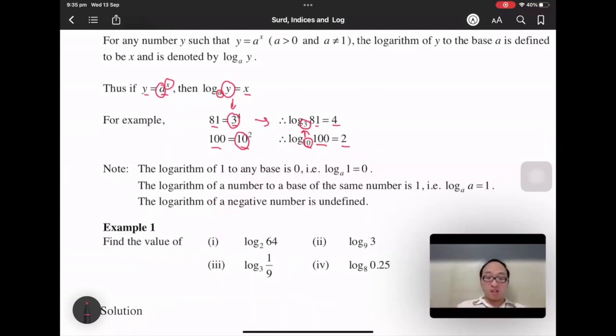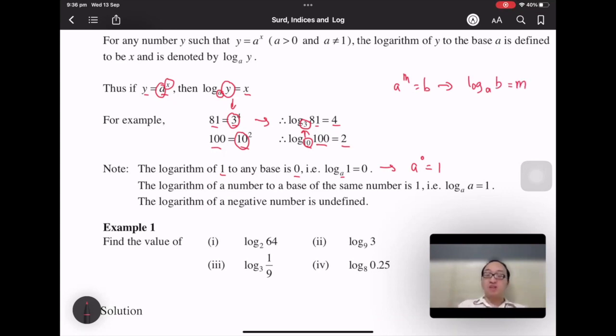Here are some notes to be remembered. The logarithm of 1 of any base is 0. So log to the base a of 1 equals 0. Why? Because the inverse here, a to the power of 0 equals 1. Using the definition, a to the power of m equals b, we can rewrite as log to the base of a of b equals m.